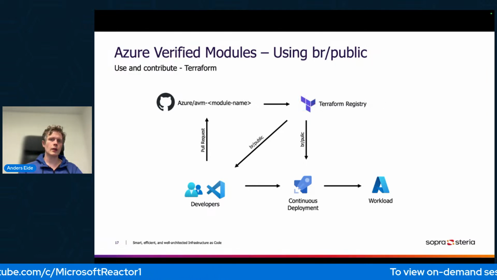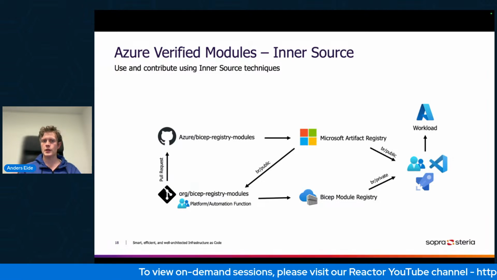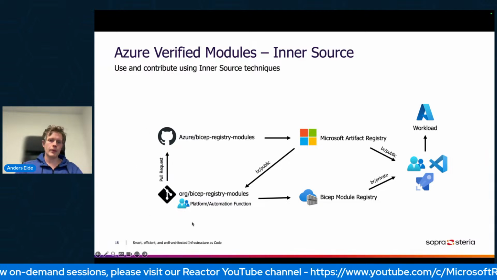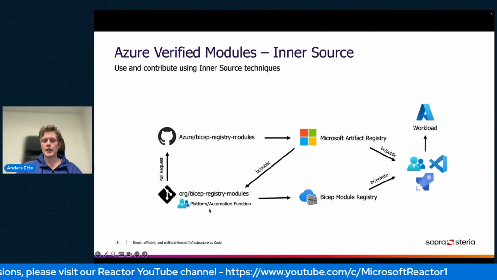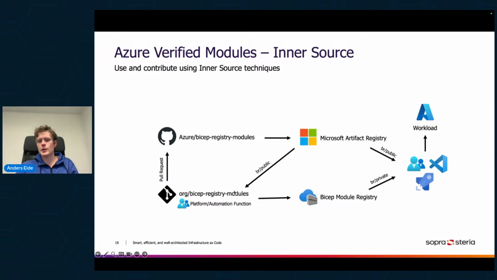Another quite common pattern we see when starting using Terraform is using it in an inner source scenario. So in this scenario, a cloud platform or automation function in the organization will use the public modules to create private modules and host them in an internally available Bicep module registry.